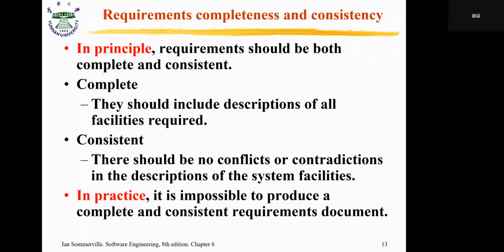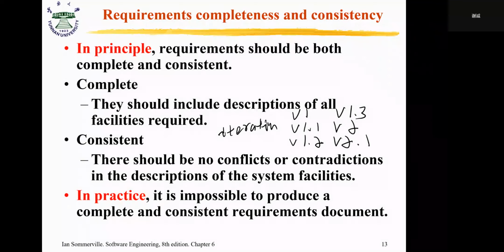That's why I ask you to do the iteration. Iteration means version 1, version 1.1, version 1.2, version 1.3, version 2, version 2.1. It's like this. So during the project process, the requirement document will become more and more complete. This is why you are asked to do the iteration.